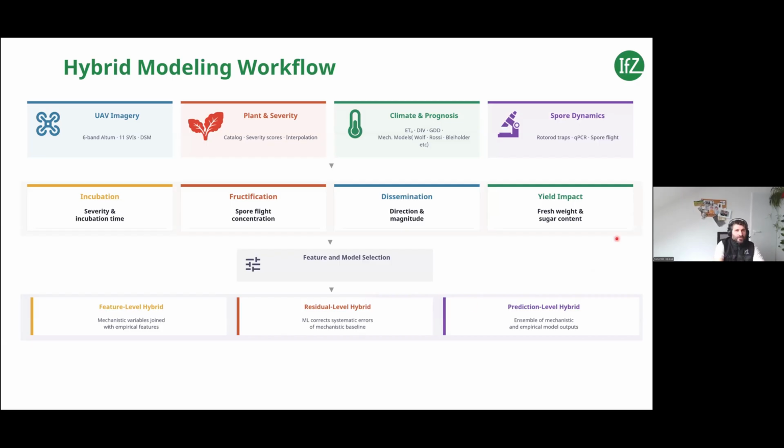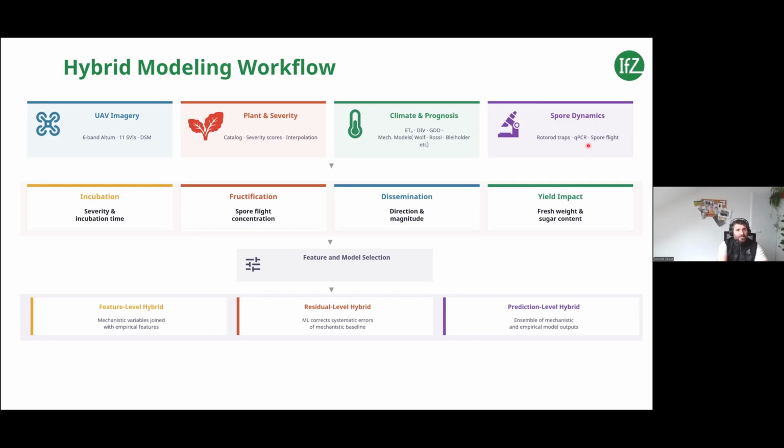How does that work? For the data streams, we have different kinds of data: the drone multispectral data, the plant catalog and the disease scoring, and climate data. What we add here is another mechanistic model, a weather-based mechanistic model, also as input for our models.